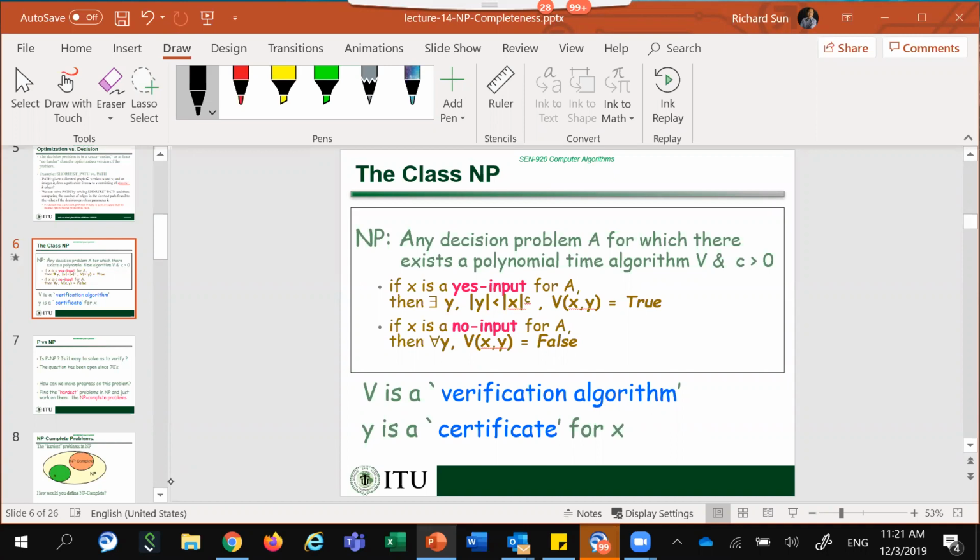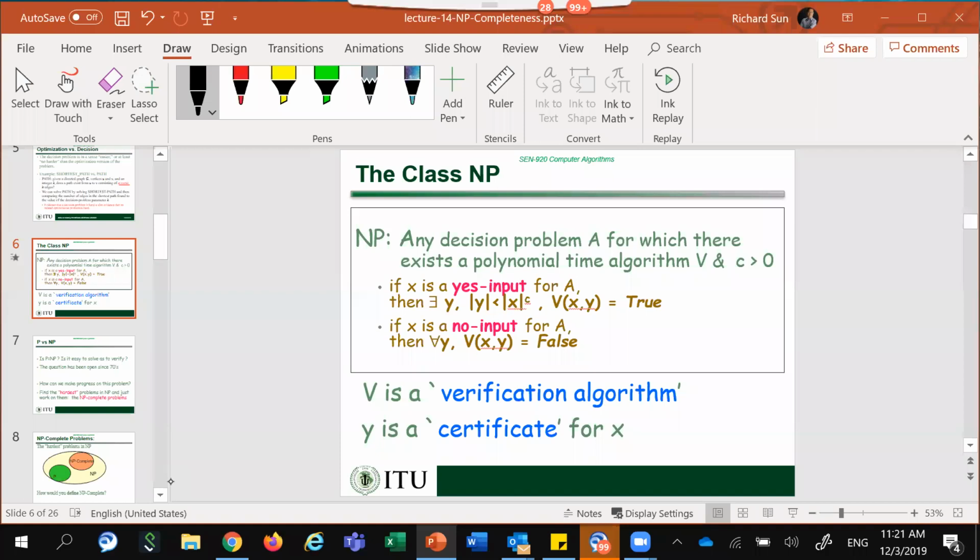So NP is a class of problems for which you can find a polynomial time algorithm to verify. There exists a polynomial time algorithm V. This V takes a problem instance x in A and a solution y.